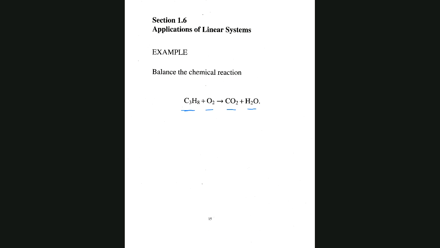So what we need to do is represent each of these molecules here as vectors. In the chemical reaction, we want to represent each molecule as a vector. How many different atoms are there between the molecules?